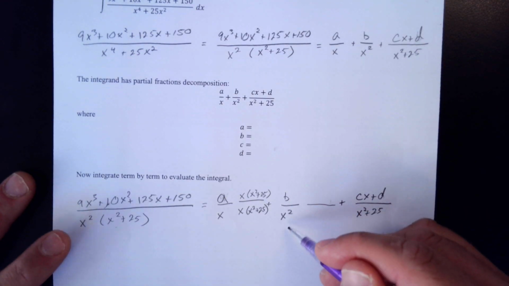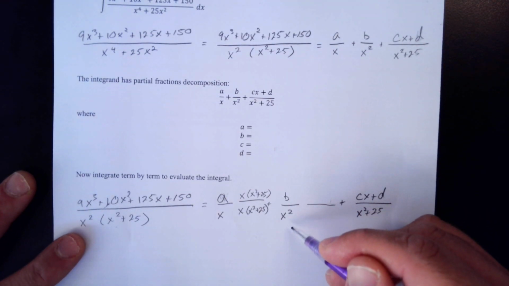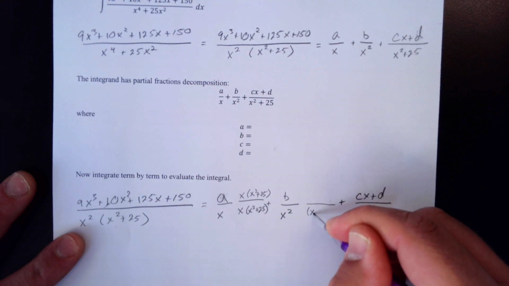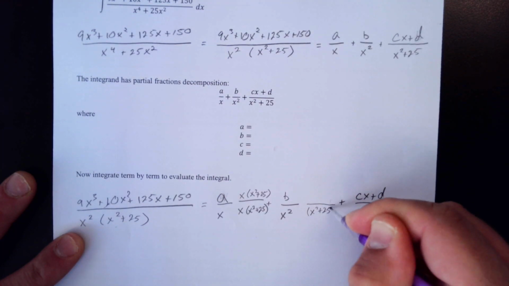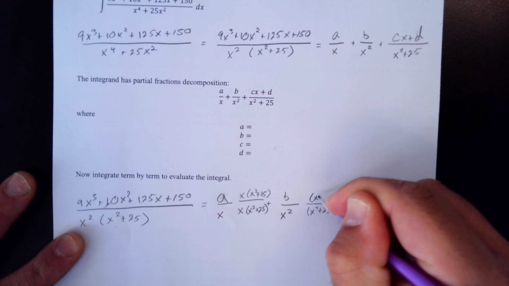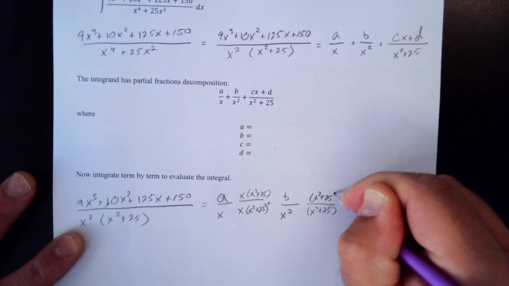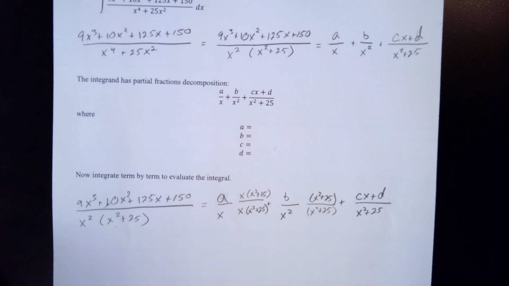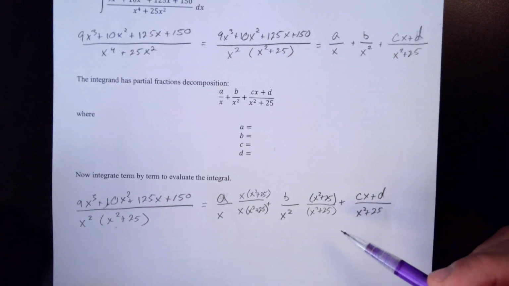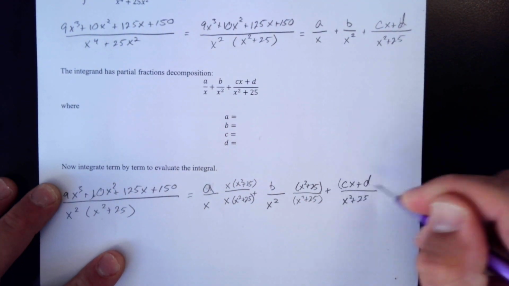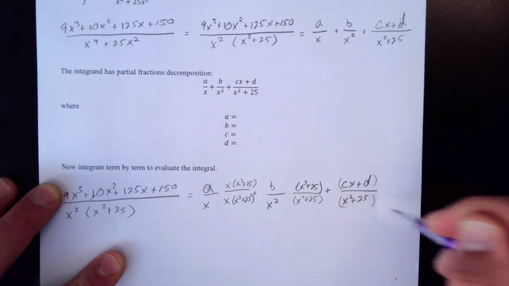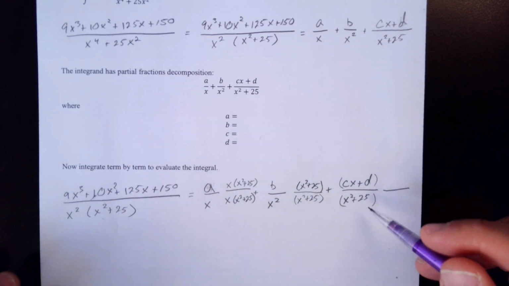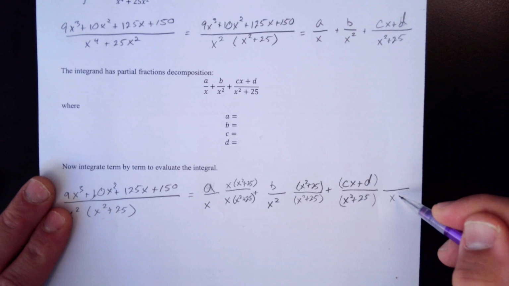What does this term need? Well, it already has the x squared. It needs an x squared plus 25, and again I'm going to multiply that on the top and the bottom, because I know I want it to be b over x squared, but I have to figure out what I need to get that common denominator. This last one, I'm going to put in parentheses so I make sure not to make a mistake here, and I need to multiply this by x squared on the top and bottom.